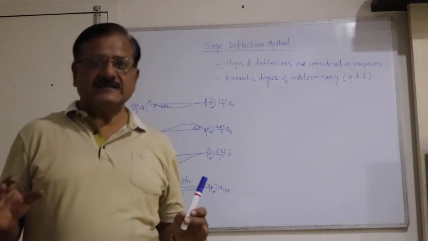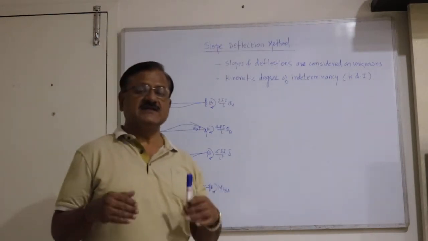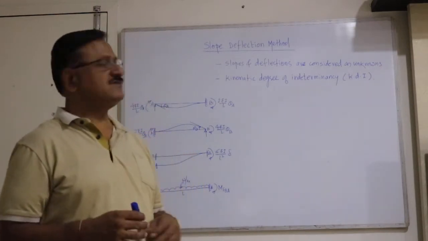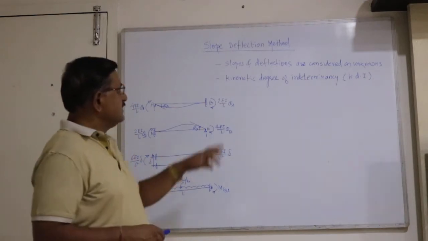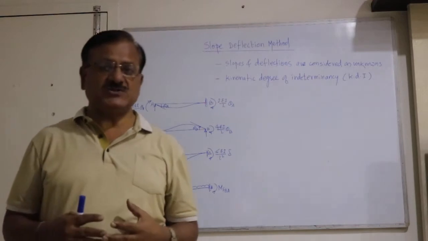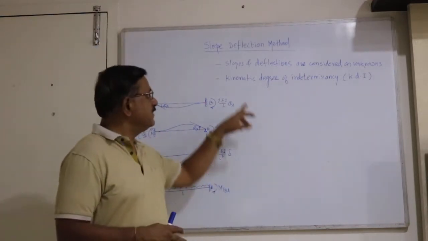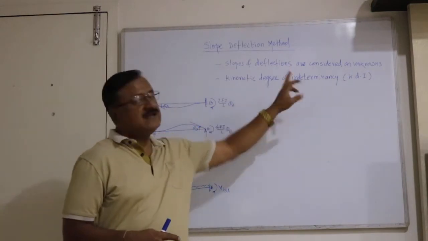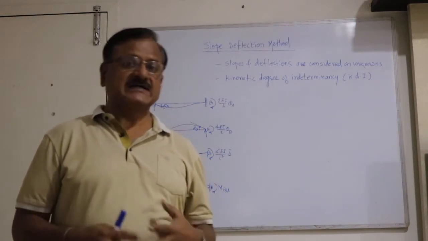It is not about finding the slopes and deflections in the case of determinate structures, but this is a slope deflection method which is used for analysis of indeterminate structures. Slopes and deflections, meaning displacements at the joints, are taken as unknowns. That means the kinematic degree of indeterminacy is to be worked out.